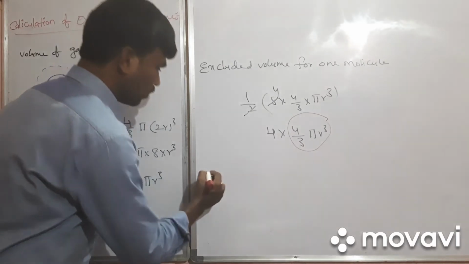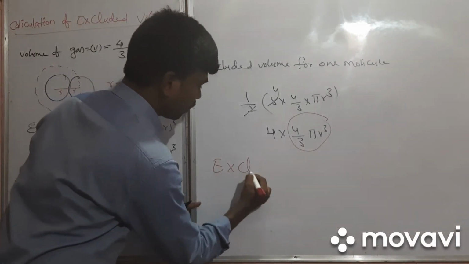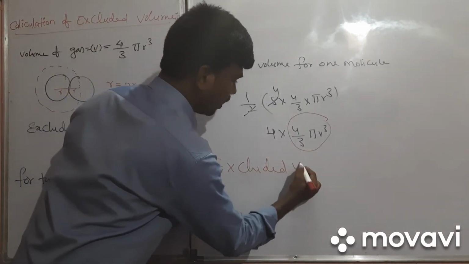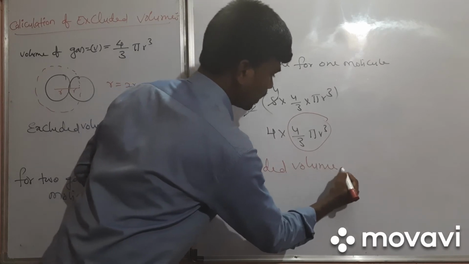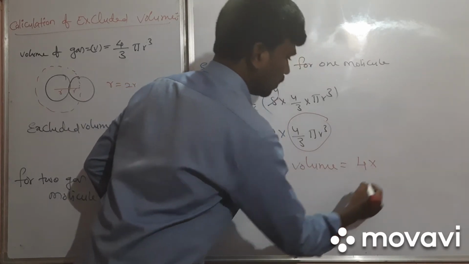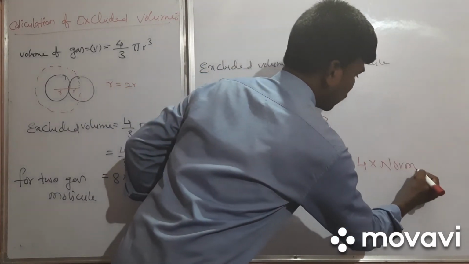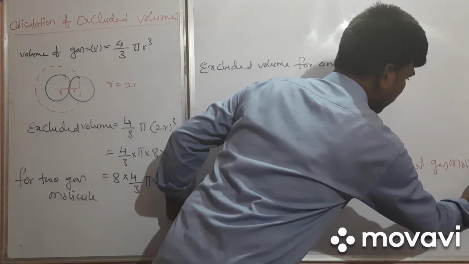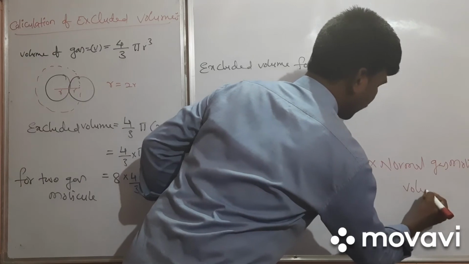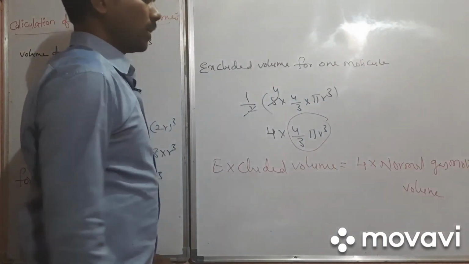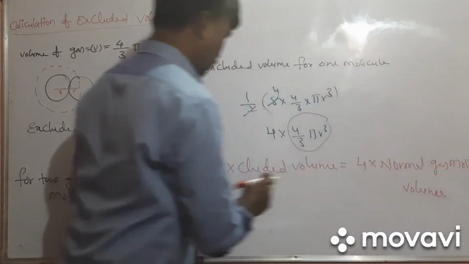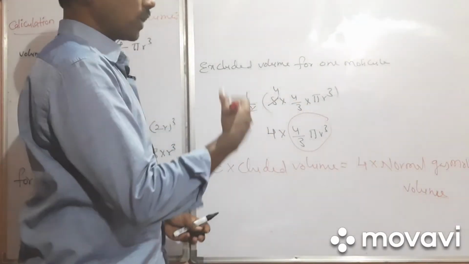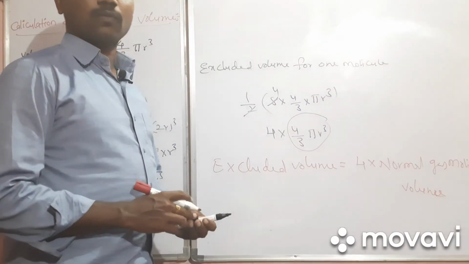Means the excluded volume is 4 times the normal gas molecule volume, right?